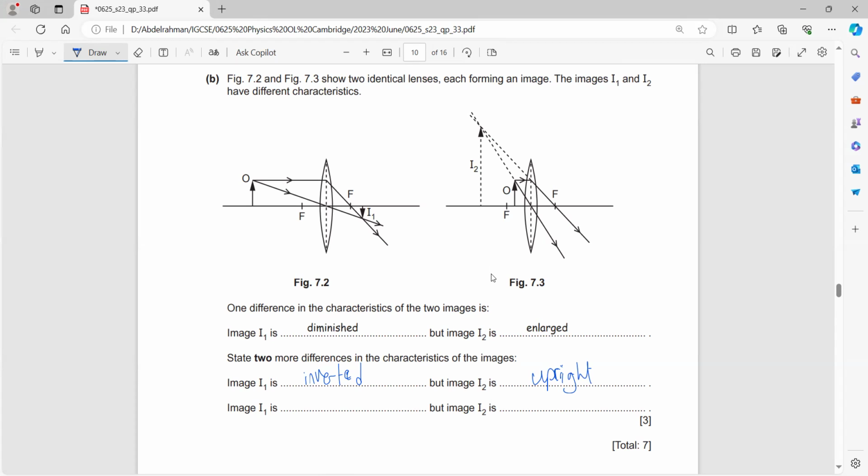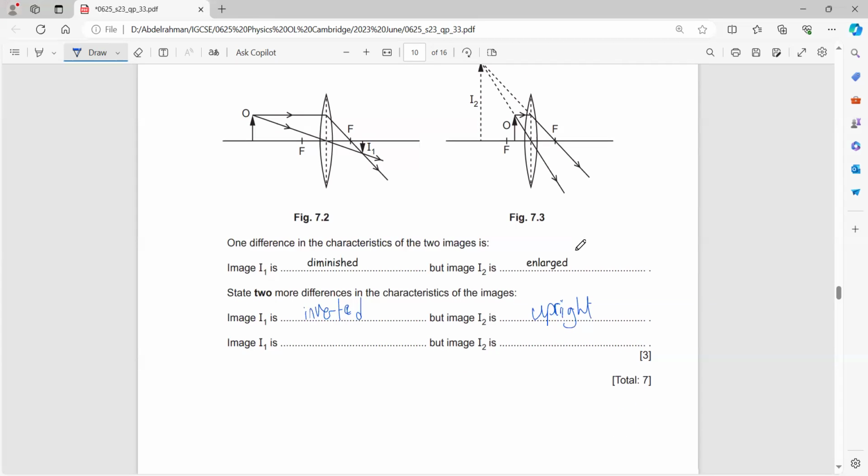There's a third description to the image: real. Image 1 is real. The opposite of real is virtual.